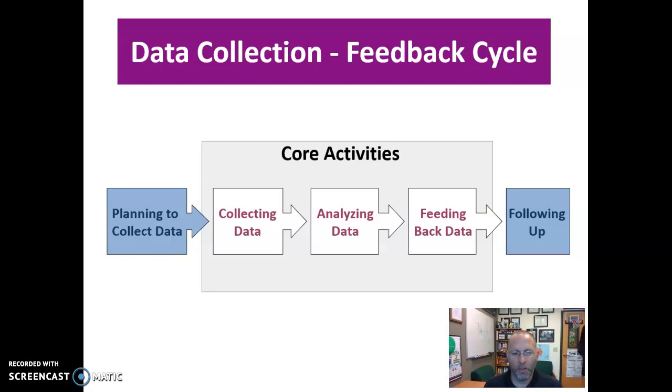You need to make sure that you involve the client in the process of these core activities, in the planning process as well as the core activities, and in the follow-up. I see teams sometimes miss that, and they just develop their own plan, their own data collection strategy, and they'll create their own materials and instruments, surveys and whatnot, without really talking to the client. That's a real missed opportunity, and it can cause potential problems.